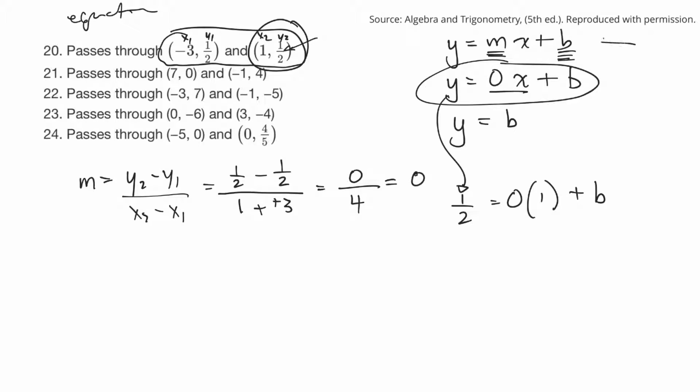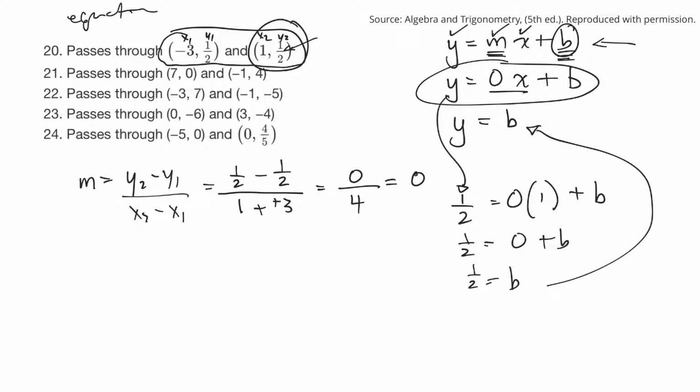I've just used the same equation, and if I know a point, I can put in an x and a y value. If I figured out the slope, I can put that in, and I can solve for b. 0 times 1 is 0, plus b is equal to a half, so b is equal to a half. So if b is a half, that's what I'd plug in right there.